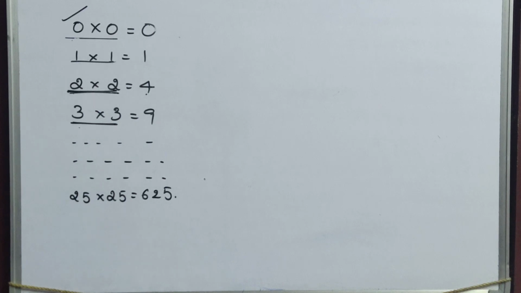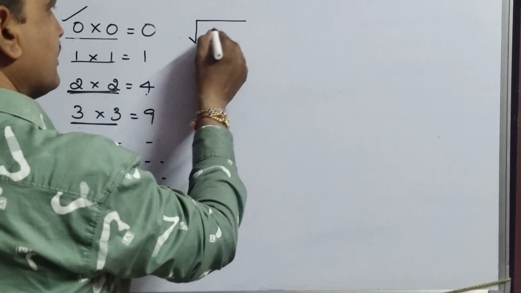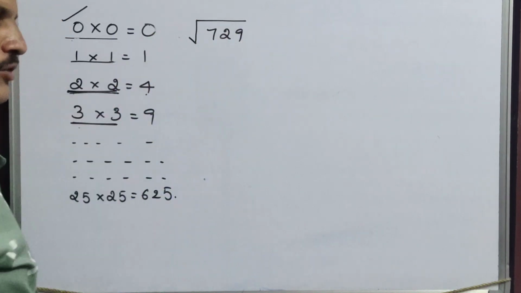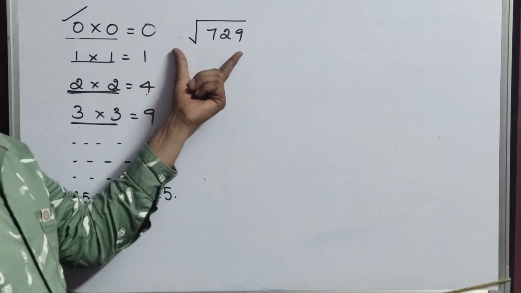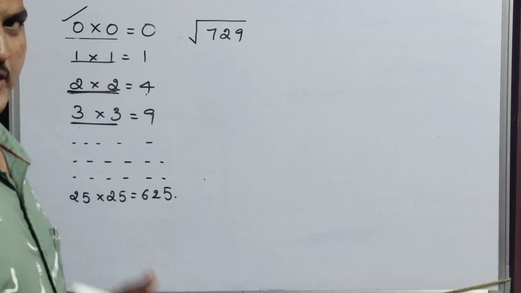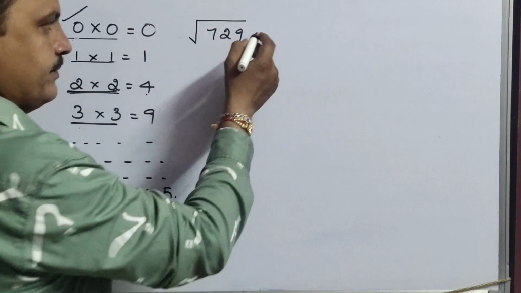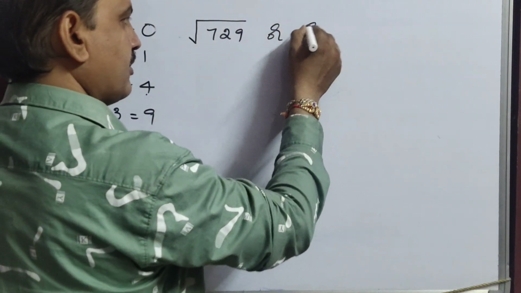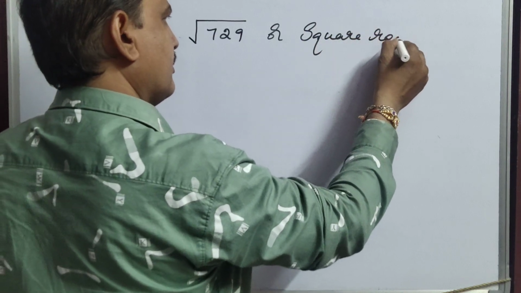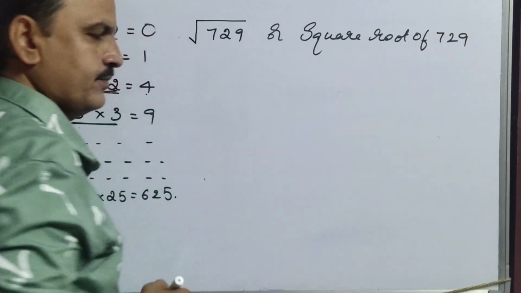Okay children, see here. I am giving you one 3 digit number, 729. That means square root of 729. They give the question in this way, or they will give you like this: find the square root of 729.